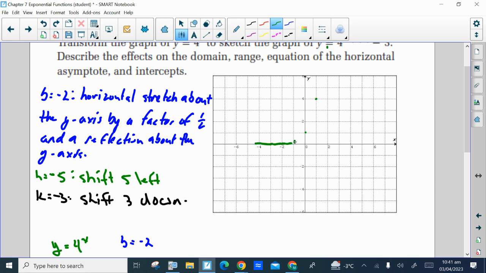So this is our base graph that has the x-axis as an asymptote.